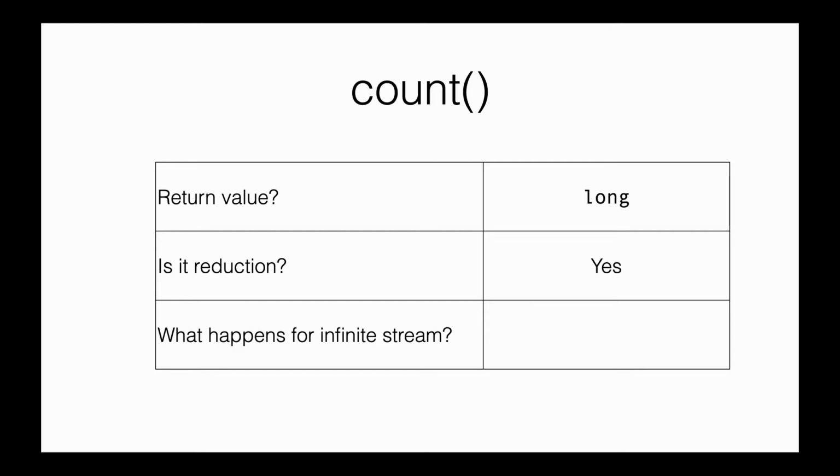So it goes through all the elements and produces one value. That is why the count terminal operation is a reduction. What happens for the infinite stream? It does not terminate. As you have seen, the program was still running, and until you explicitly terminate it, the program will not terminate, because count does not terminate the infinite stream.